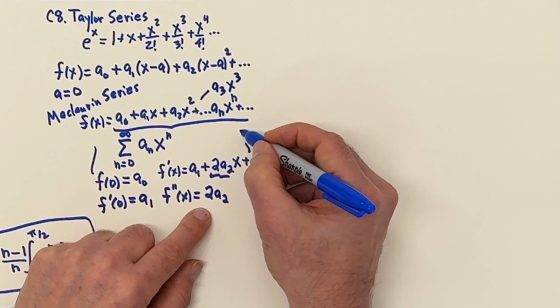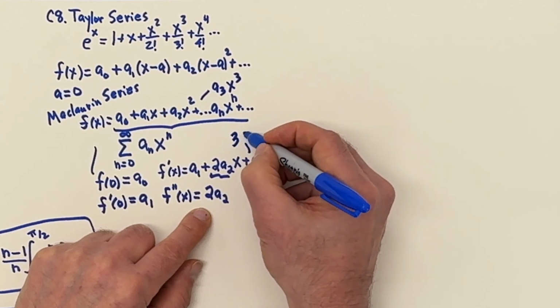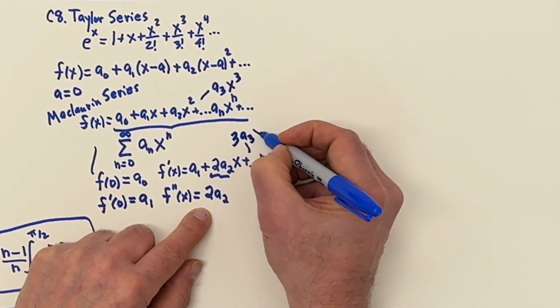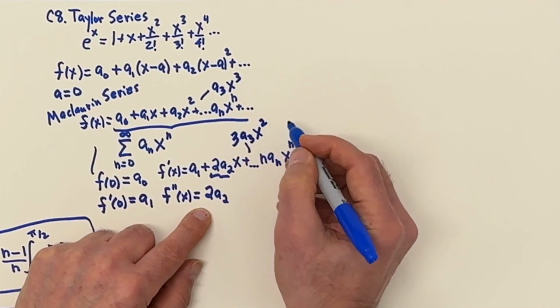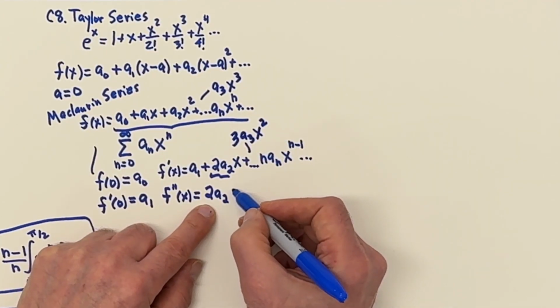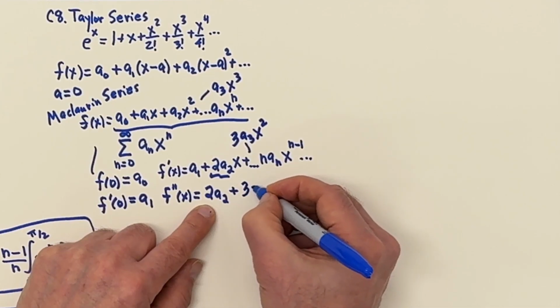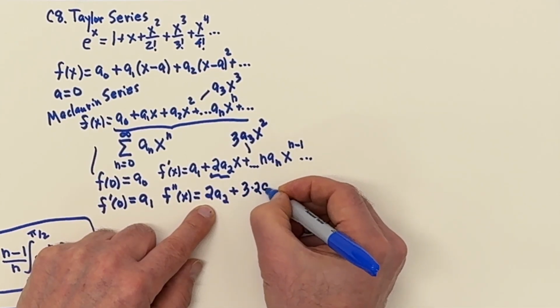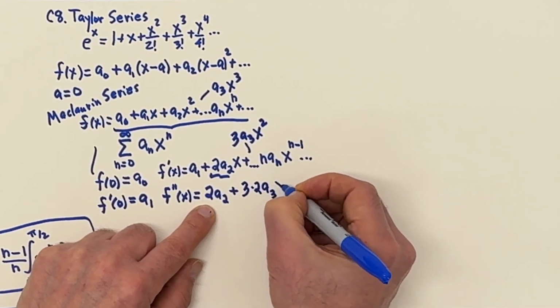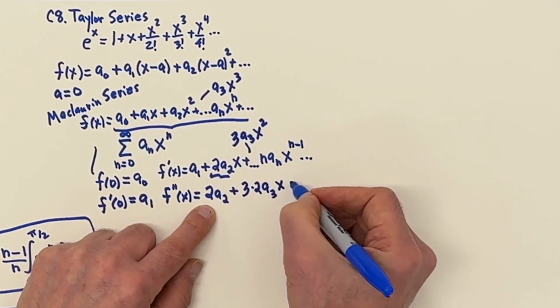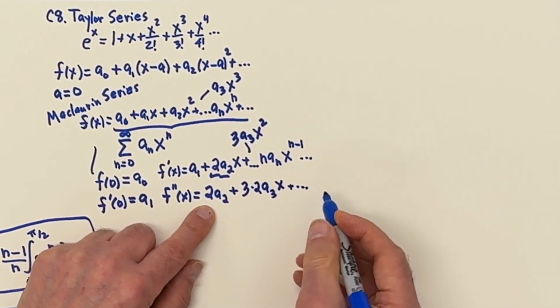Then here you would have pulled the 3 down, 3a3 x squared. So the next one would be here, you would pull the 2 down, you'd have 3 times 2, a3 x to the first power, and so on.